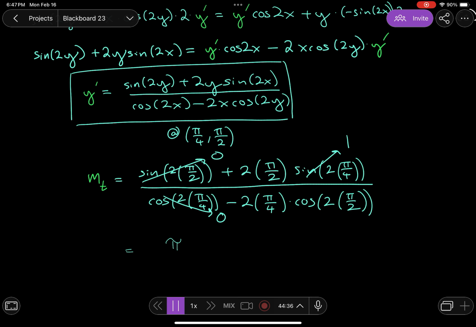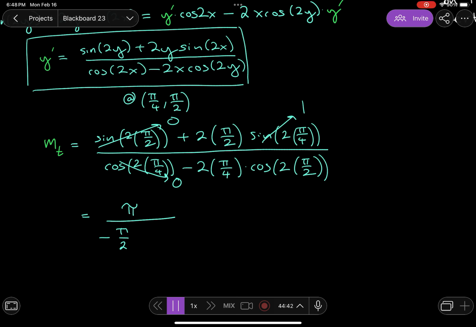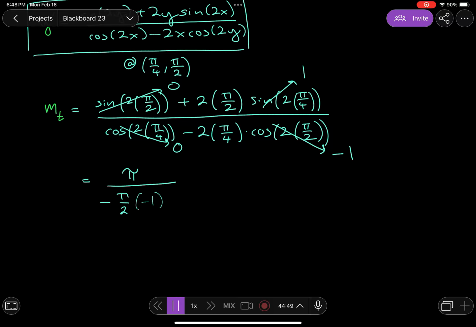And then we have minus pi halves times the cosine of pi, that's negative 1. Okay, so the negatives cancel, and I have pi divided by pi halves. How many times does pi halves fit into pi? Oh, that's 2. Okay, nice.